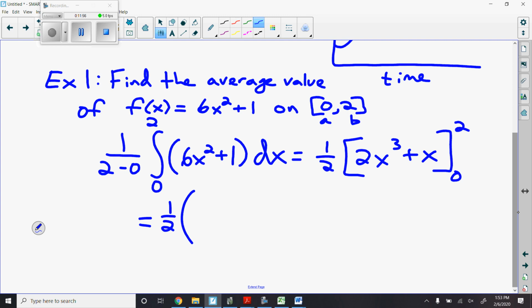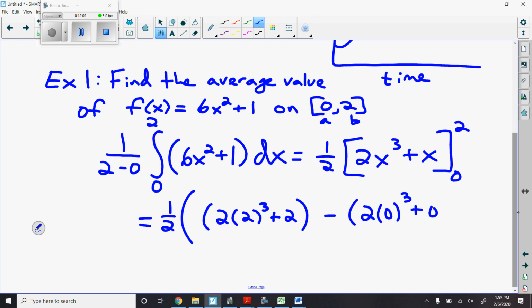Okay, so now I'm going to plug in 2. So I'm going to have 2 times 2 cubed plus 2 minus 2 times 0 cubed plus 0. Now I can see that that second term there is going to be 0. But I have to calculate the first. 2 cubed is 8. 8 times 2 is 16. 16 plus 2 is 18.